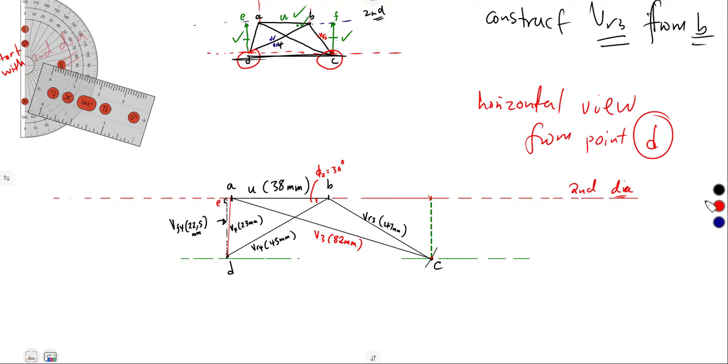So that's our flow velocity 3. Remember, we are working from the second diagram, and that is the same as this one, 22.5 millimeters as before.